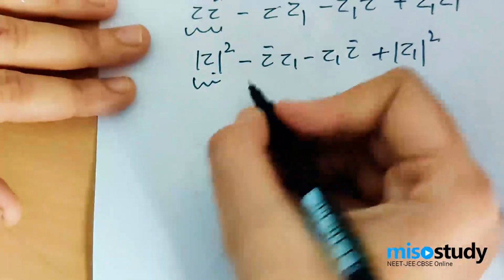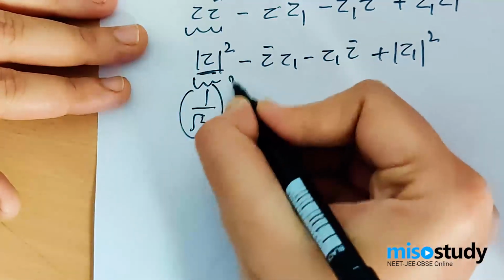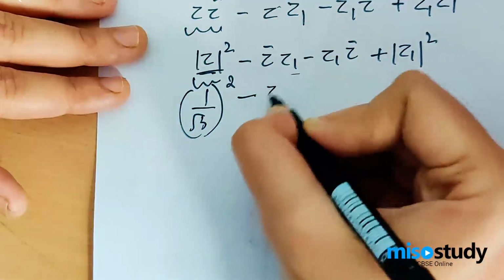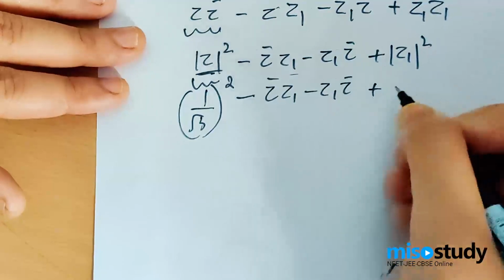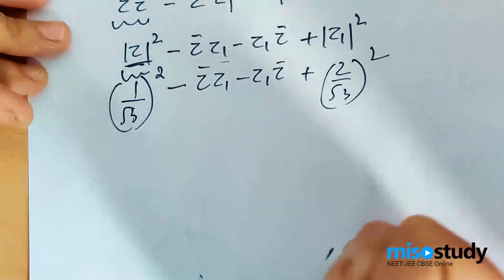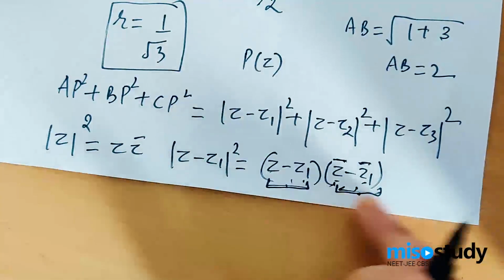So mod Z square is nothing but 1 by root 3 whole squared. Okay, let's leave it like that only. We will take care of this later. And Z1 square we all know is 2 by root 3 whole squared. Yes or no?